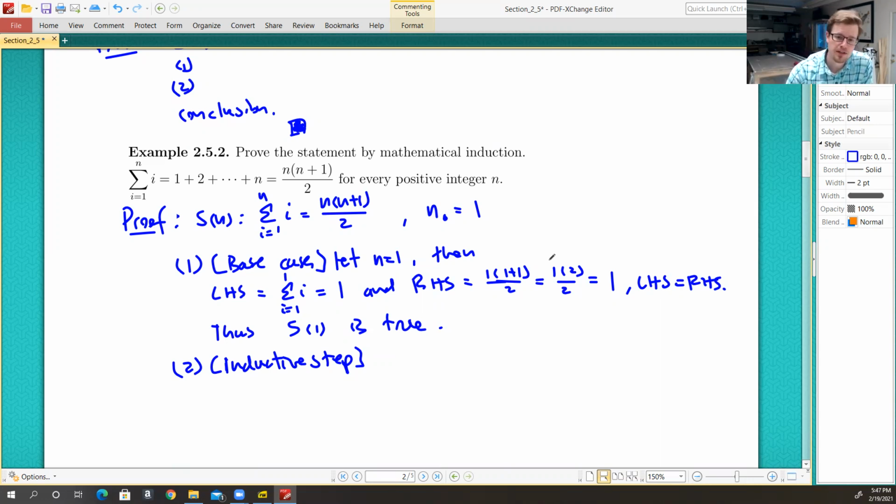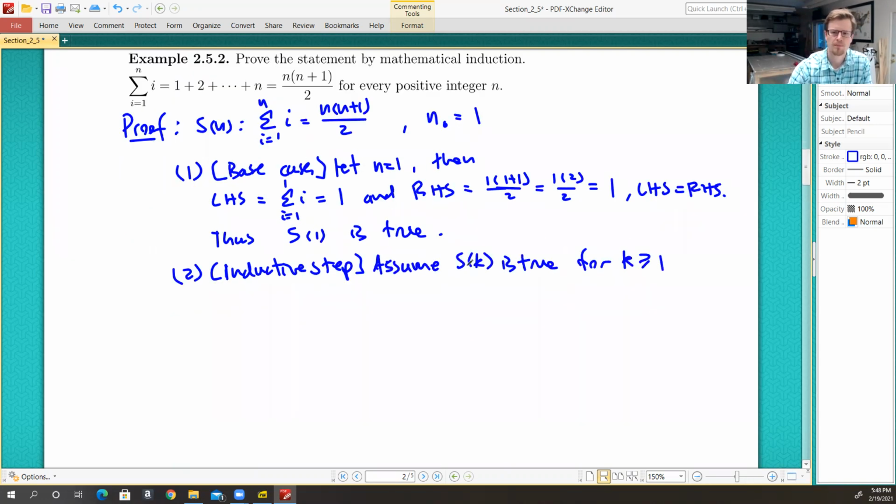Okay, so here we want to assume that S of k is true for some integer greater than or equal to the base case. What I want to do then is show that S of k plus 1 is true.